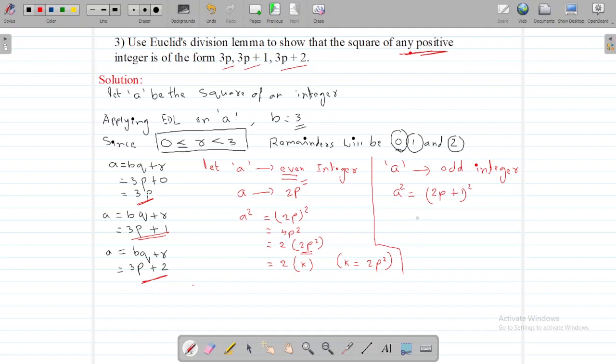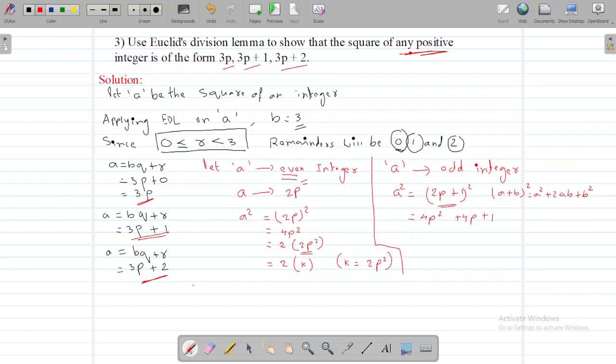So this is in the form of (A plus B) whole square, that is nothing but A square plus 2AB plus B square. So I will be getting the form of 4P square plus 4P plus 1.